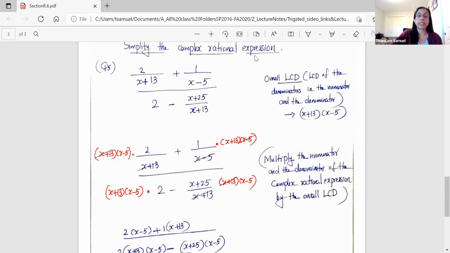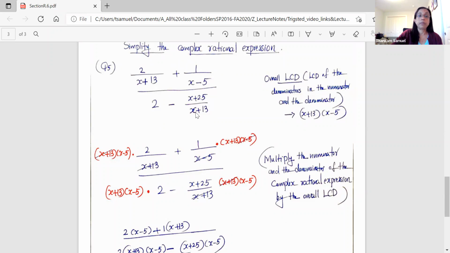Simplify the complex rational expression 2 over x plus 13 plus 1 over x minus 5, the whole quantity divided by 2 minus x plus 25 over x plus 13. You can see that this is a complex rational expression because the numerator and denominator have rational expressions.